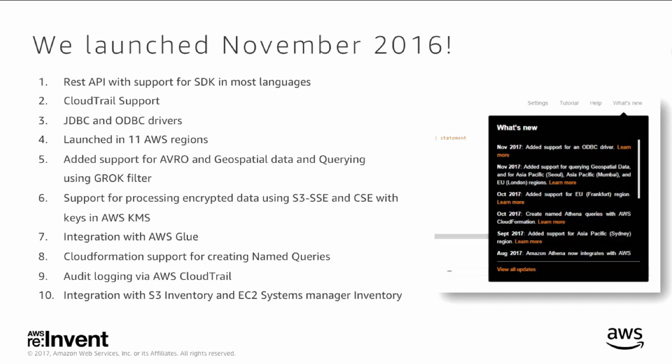We also recently announced support to launch an Athena table directly from the CloudTrail console. So that's another really easy way to look at your CloudTrail logs. Also integration with S3 Inventory and EC2 System Manager. Really nice features that are recently introduced. Allow you to query S3 Inventory logs and your EC2 System Manager logs directly in Athena.